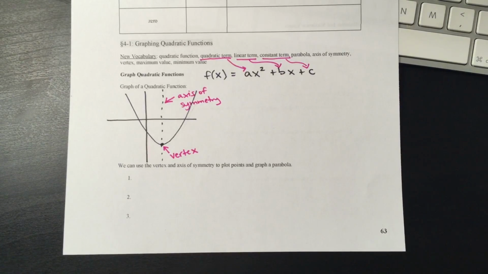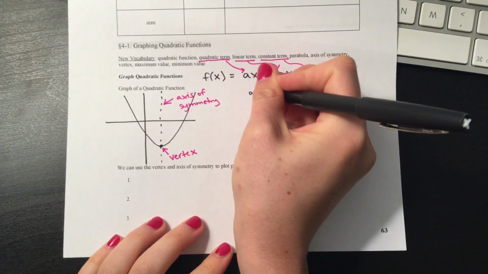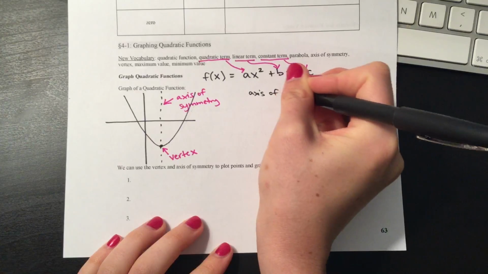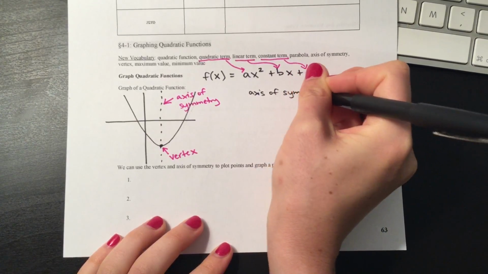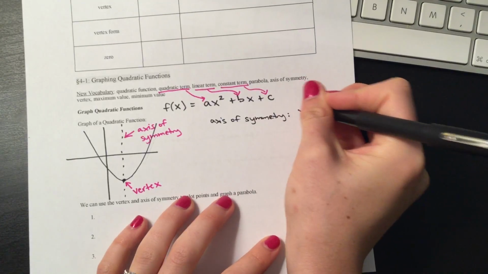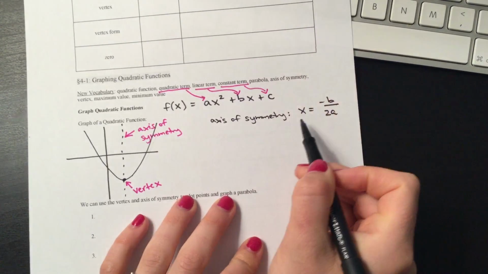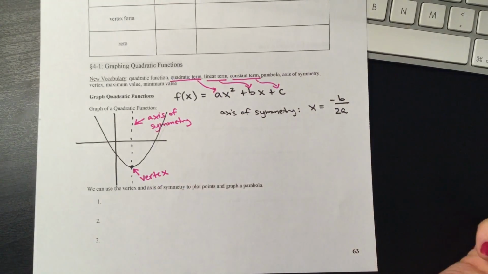Okay, so let me give you some formulas to find these things. So the axis of symmetry, in order to find that, we have a formula, and it is x equals negative b over 2a. Okay, so x equals, remember, always just ends up being a vertical line.